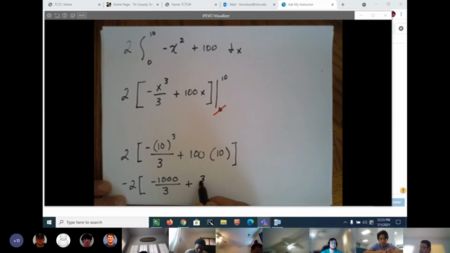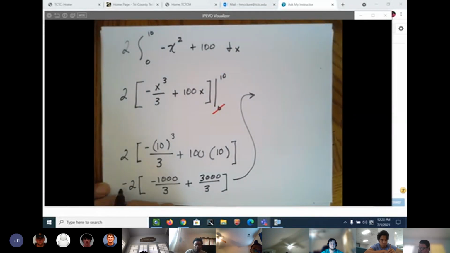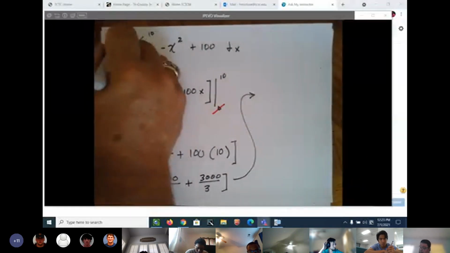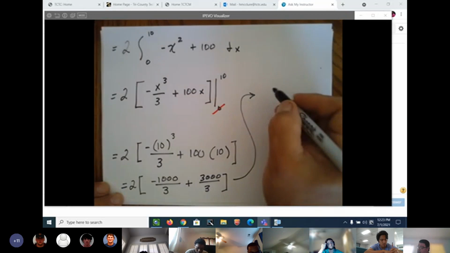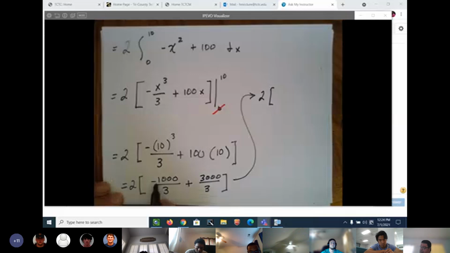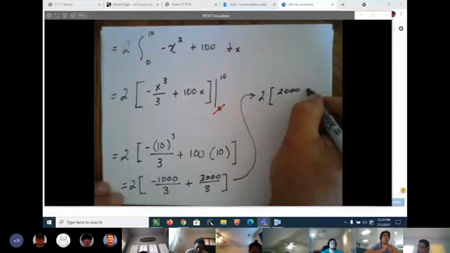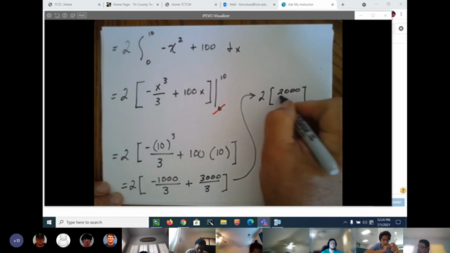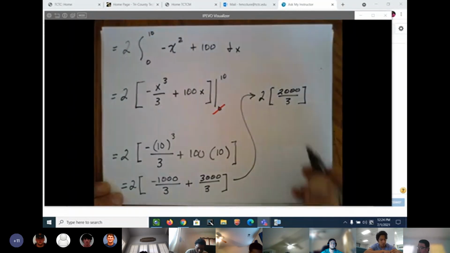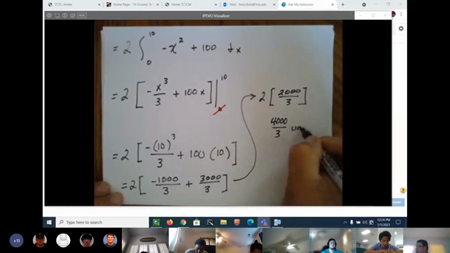So that's going to be 3,000 over 3. And that's going to be 2 times, and what is negative 1,000 plus 3,000? 2,000 over 3, and that's going to be 4,000 over 3 square units.